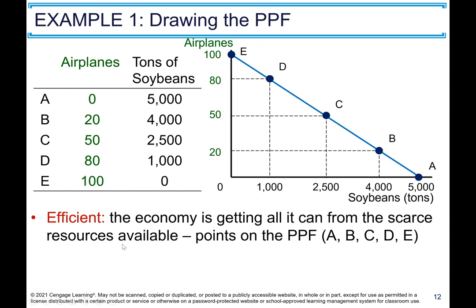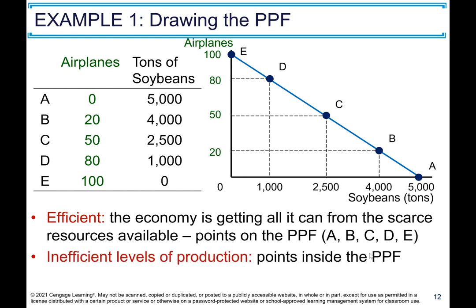The economy is efficient when the economy is getting all it can from the scarce resources available, and points on the production possibilities frontier A, B, C, D, and E are called efficient. Inefficient levels of production are points inside the production possibilities frontier.